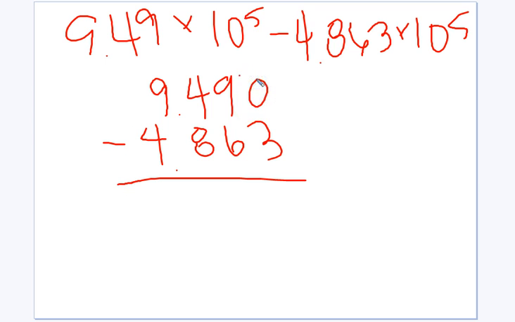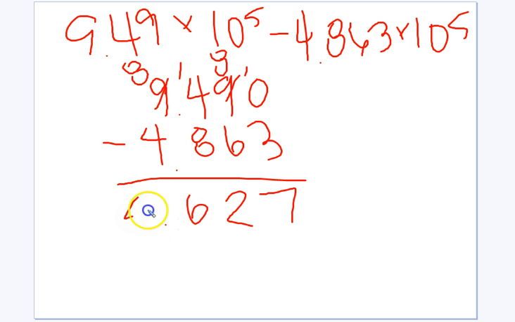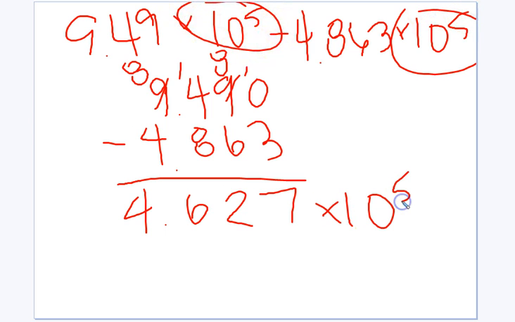That should be a 0. There we go, we've subtracted, and then we add the same exponent that was there before.